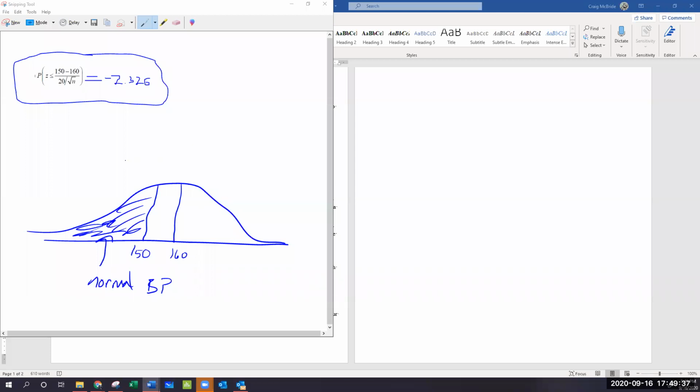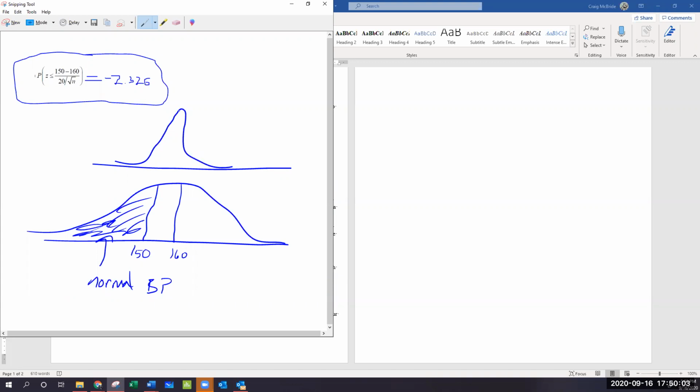Well, as the sample size goes up, you're dividing by a larger and larger number here, so your overall standard deviation is getting smaller and smaller. As your sample size gets larger and larger, your normal curve just gets thinner and thinner.